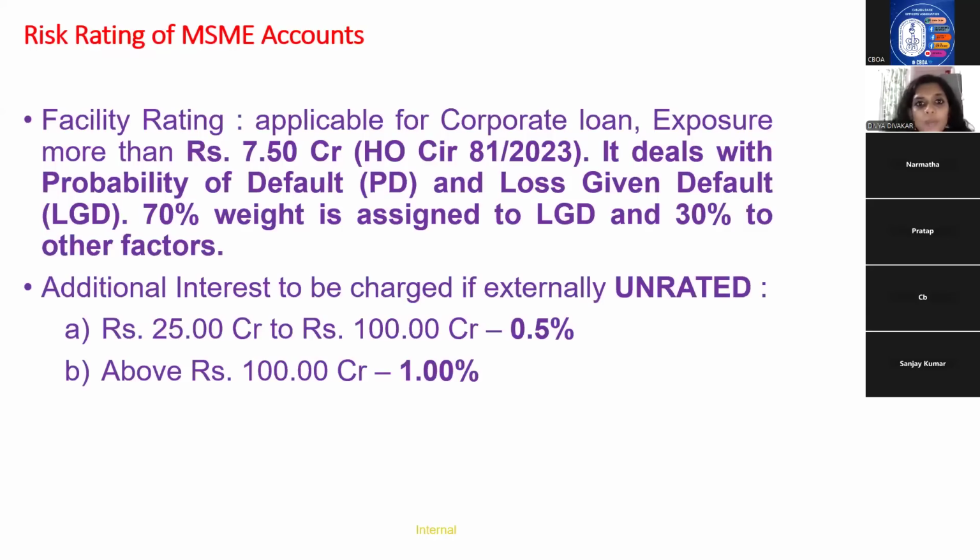It deals with the probability of default and loss given default, 70% to the loss given default and 30% to the other factors. If any account is externally unrated, we are supposed to... We discussed the external rating beyond 25 crore, right? So if they are unrated, we will charge them an extra percentage. Beyond 25 up to 100 crore, we will charge 0.5 percent, and beyond 100, 1 percent.